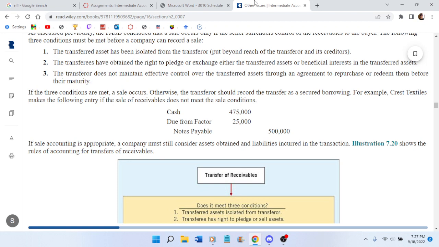If the sale of receivables does not meet the sale conditions, what does that mean? If it doesn't meet the sale conditions, that means what? If sale accounting is appropriate, it must still consider assets obtained and liabilities incurred in the transaction.